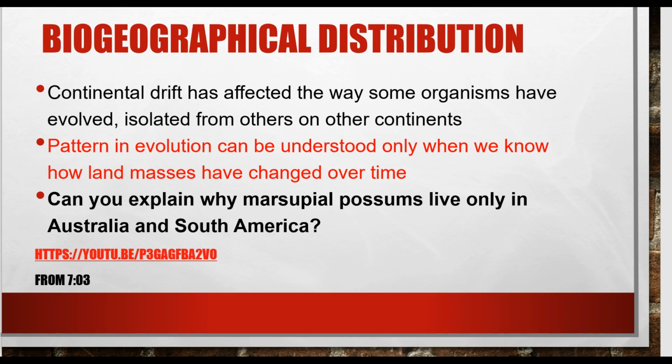Now, one of our other pieces of evidence that we can use to support the theory of evolution and that we all evolved from a common ancestor is biogeographical distribution. Now, in Year 9, you would have looked at plate tectonics and how the continents have drifted since Earth has formed and the plates are moving further and further away.